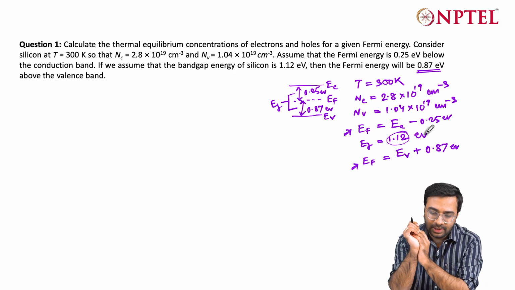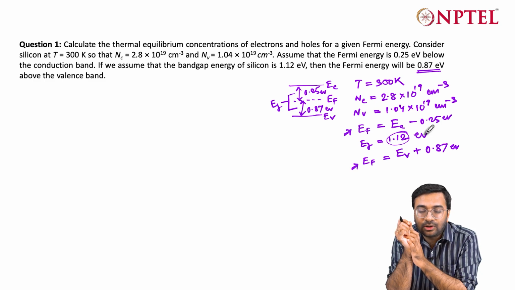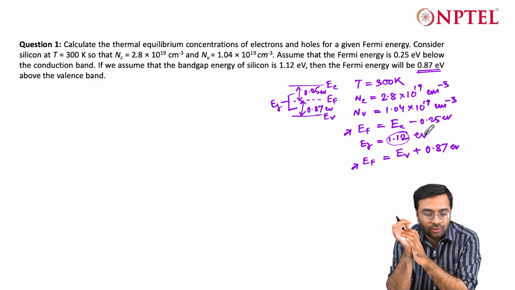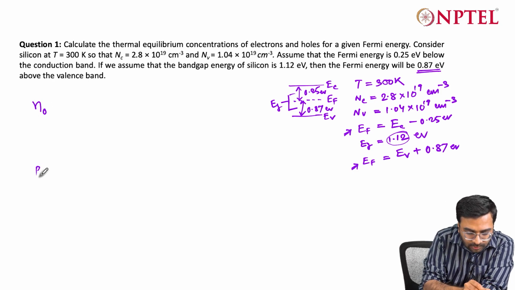So, you already have this information in the question. Now, what you need to calculate? You need to calculate the thermal equilibrium concentrations of electrons and holes. So, you need to calculate N0 and P0.